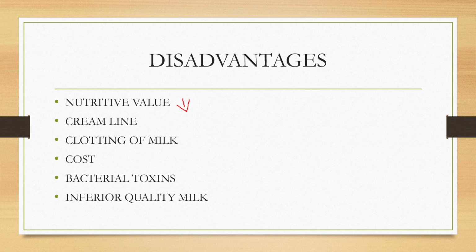The clotting of milk usually happens with rennet, which is a particular enzyme. So the clotting of milk with rennet is also affected. When you subject any kind of product to any kind of processing, the cost also increases.